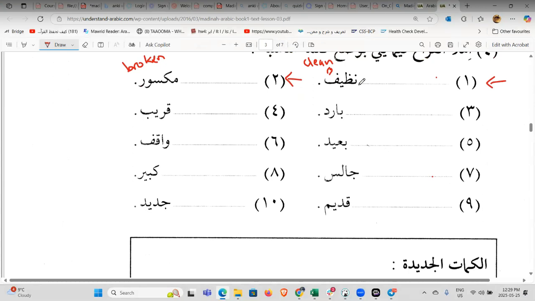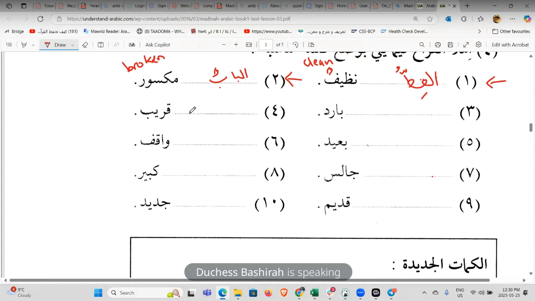The cat is clean. Yeah, al-qittu. Al-babu maksur. Okay. And what would that mean? The door is broken. Very good.